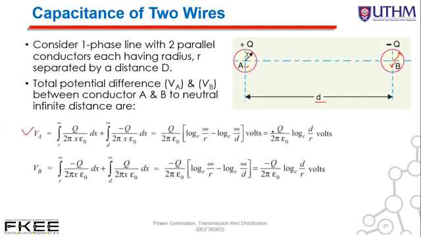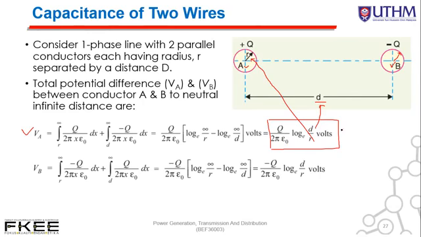So the final equation of VA will be this one. D is the distance, R is the radius, Q is the charge in coulombs, 2 pi epsilon naught, where epsilon naught is the permittivity of free space.